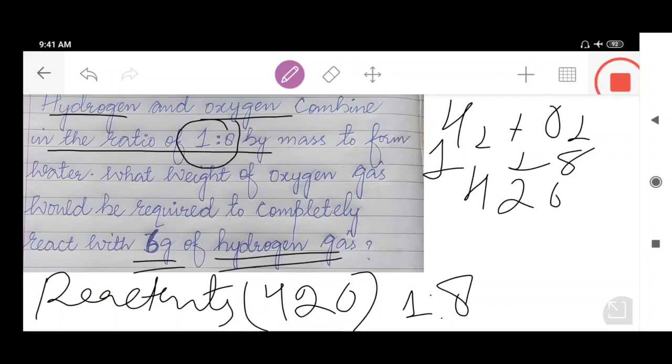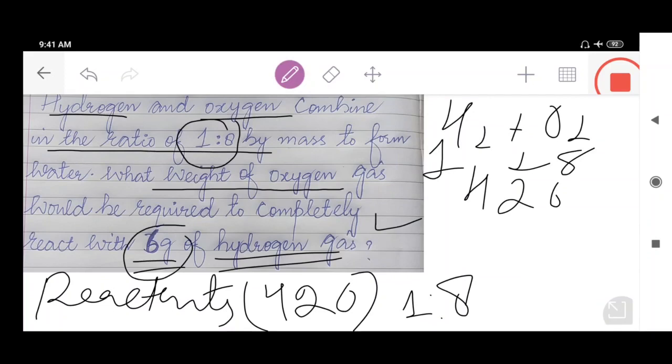The question demands, mark my words, what weight of oxygen gas would be required to completely react with 6 grams of hydrogen gas? That means how many grams of oxygen would be required to completely react with 6 grams of hydrogen gas.